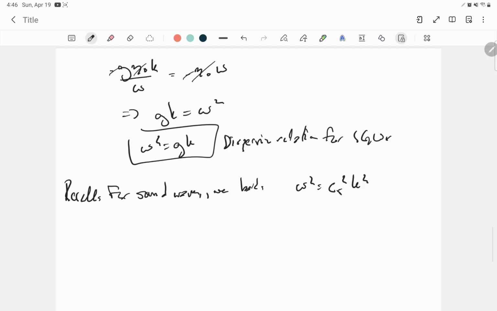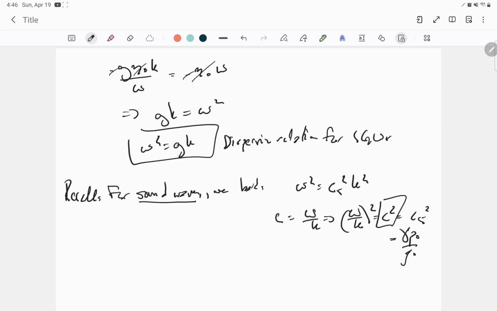And what we said was that the wave speed, c, is omega over k. And so that meant that omega over k squared, which was the wave speed squared, was just equal to this parameter cs squared, which was gamma p naught over rho naught. And so what that meant is that all of the sound waves, they all have their phase speed equal to this constant parameter called the sound speed.